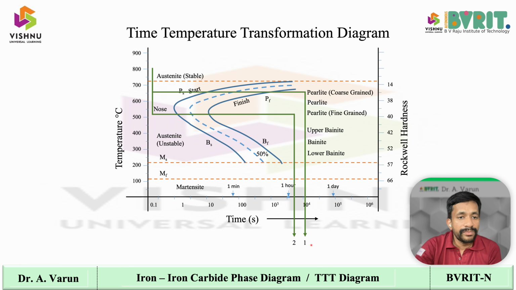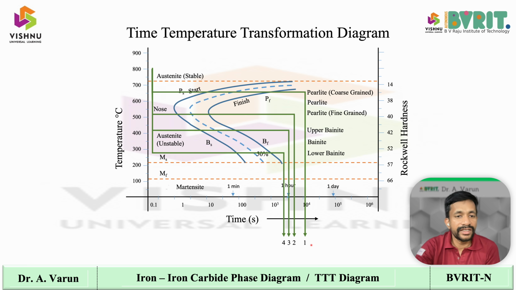When I want fine pearlite, this is how you need to travel. Similar is the case with upper bainite and bainite. And this is how you get martensite. So suppose I want martensite, you can imagine from austenite, it has to rapidly cool to martensite. All these are practically difficult challenges that we have in getting the microstructures in time dependent transformations.